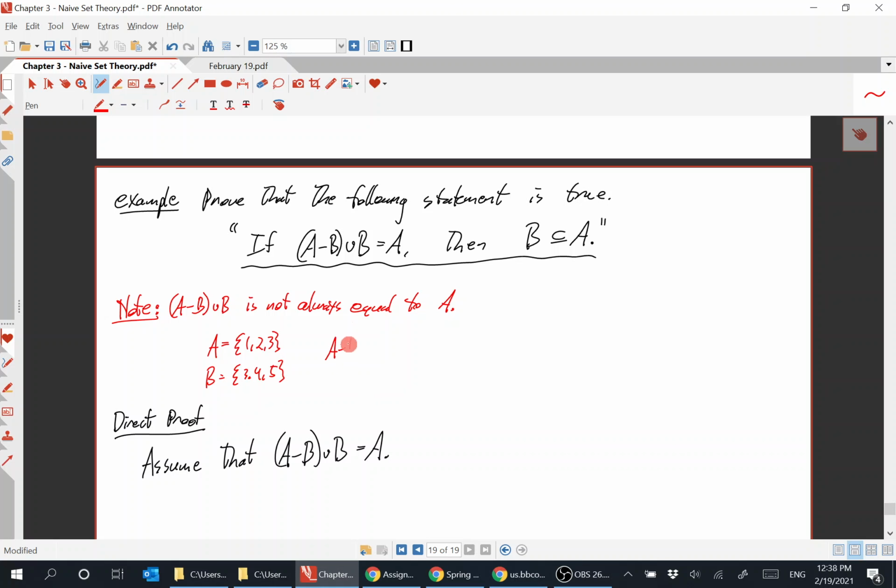Right, so A minus B union B is equal to what? Well, A minus B is {1, 2}. Union B, {3, 4, 5}, which is equal to {1, 2, 3, 4, 5}. Right, which is not equal to A.